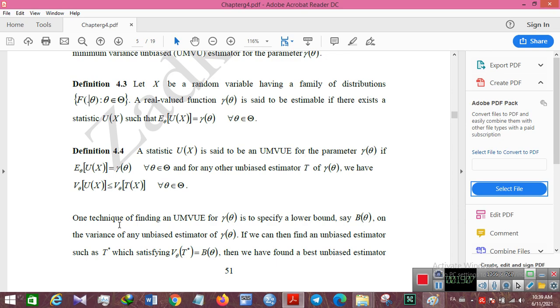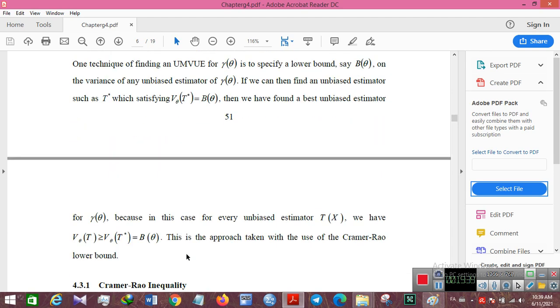The first technique is to define a lower bound B(theta) for the variance of unbiased estimators. So if we find T star such that the variance of T star is equal to the bound of the variance of unbiased estimators, then T star has the minimum variance, and it is the UMVUE.